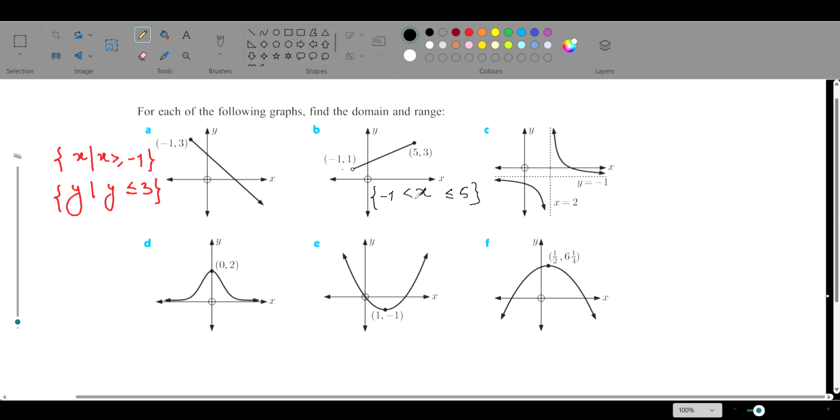I am writing x between -1 and 5 because I can see this point is not completely filled with black, so we do not need to include -1, right? The same goes with y. I'll not include 1, and on this side I'll include 3, so it's bounded between 1 and 3. That's the range.